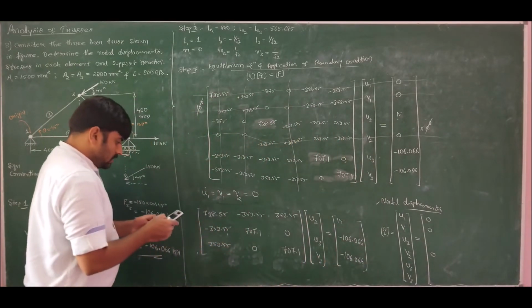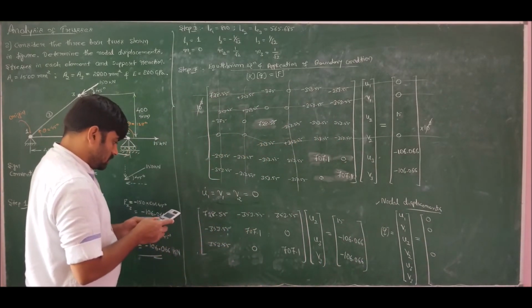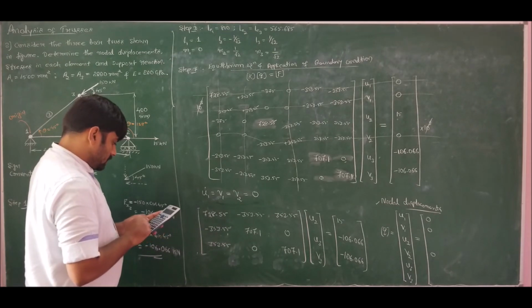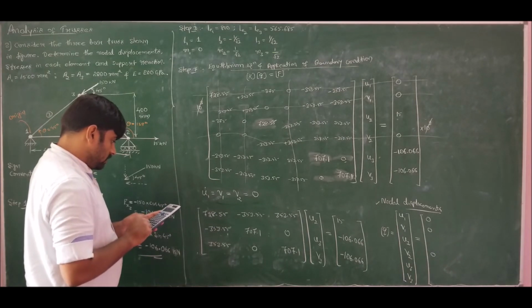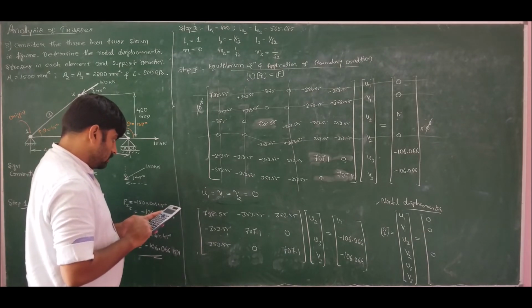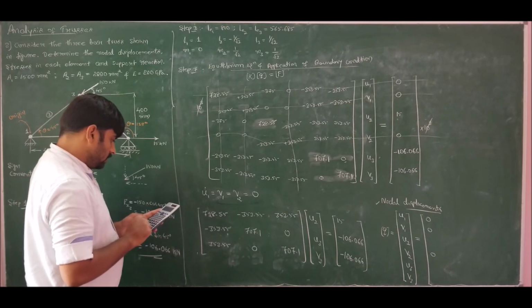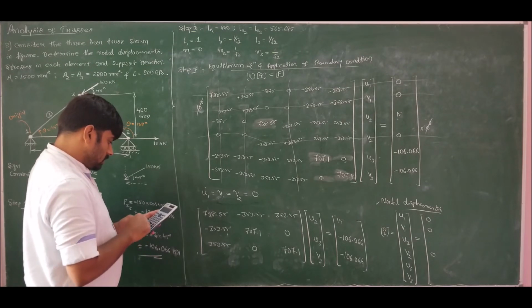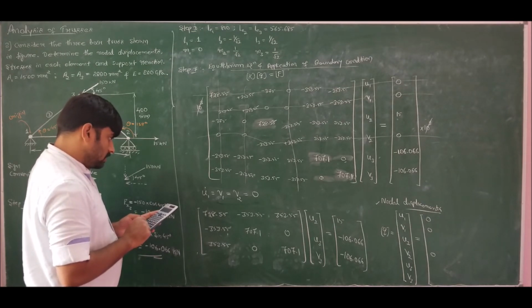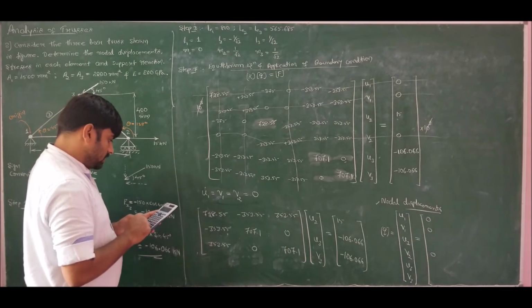If I solve this by using equations with 3 unknowns, I will get 728.55 minus 353.55, 353.55, 15 minus 353.55, 707.1, 0 minus 106.066, 353.55, 0, 707.1 minus 106.066.